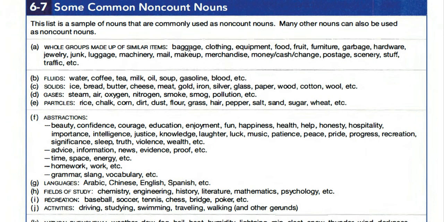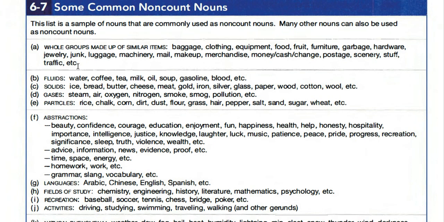So we have baggage, clothing, equipment, food, fruit, furniture, garbage, hardware, jewelry, junk, luggage, machinery, mail, makeup, merchandise, money, cash, change, postage, scenery, stuff, traffic, etc. All of these words are non-countable nouns.